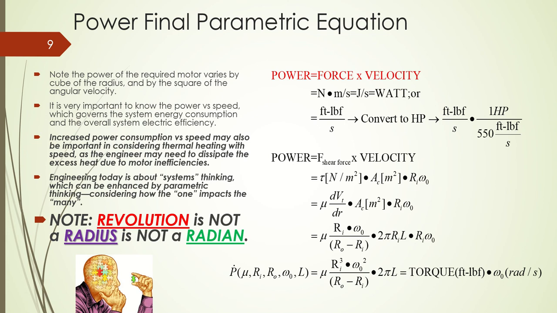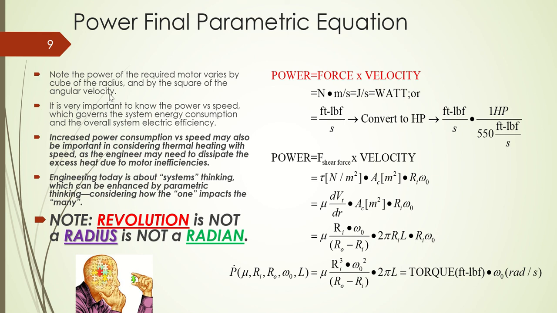So, in summary, we understand that we're trying to determine the power to size the motor. That's why we need to find power, to understand the size of the motor necessary to turn that shaft.